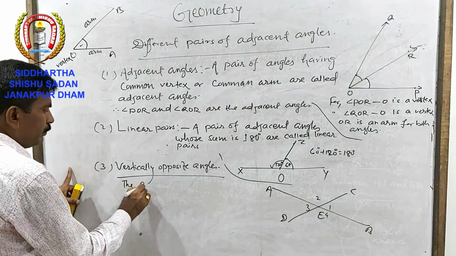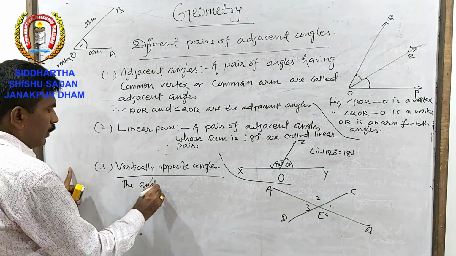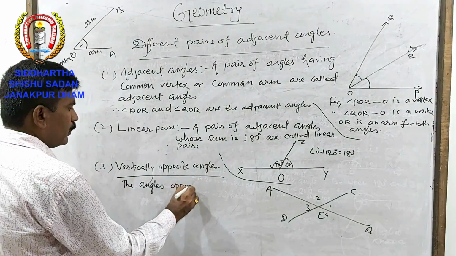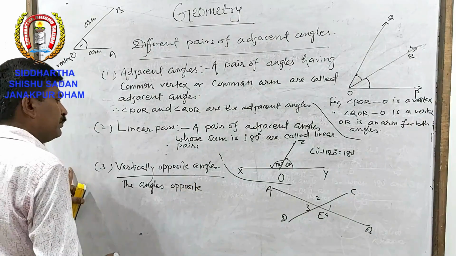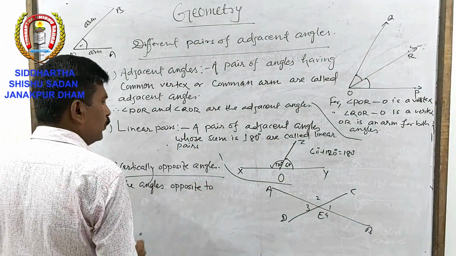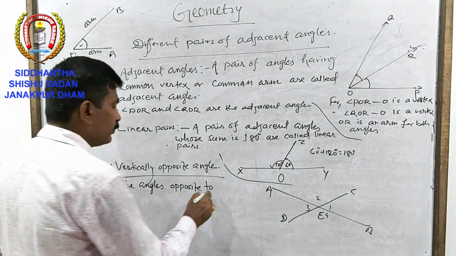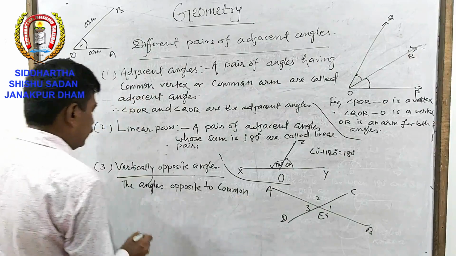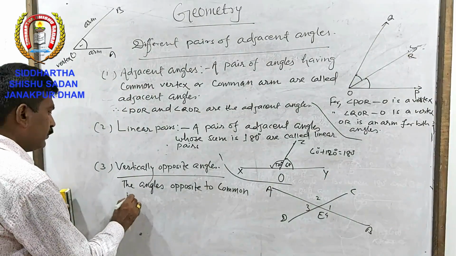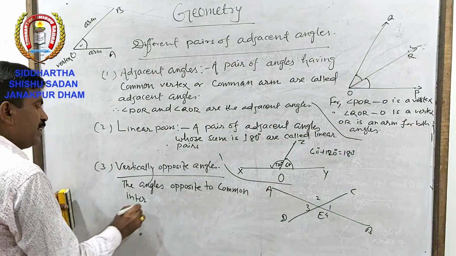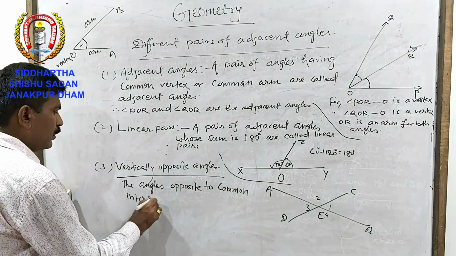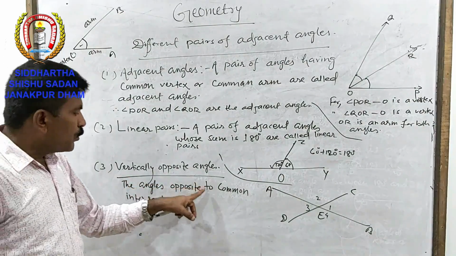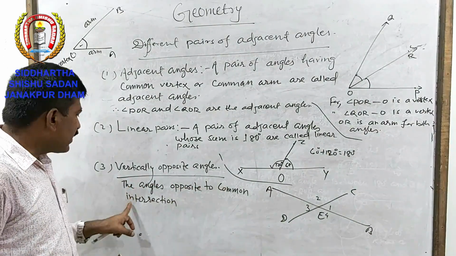The angles opposite to the common intersection.